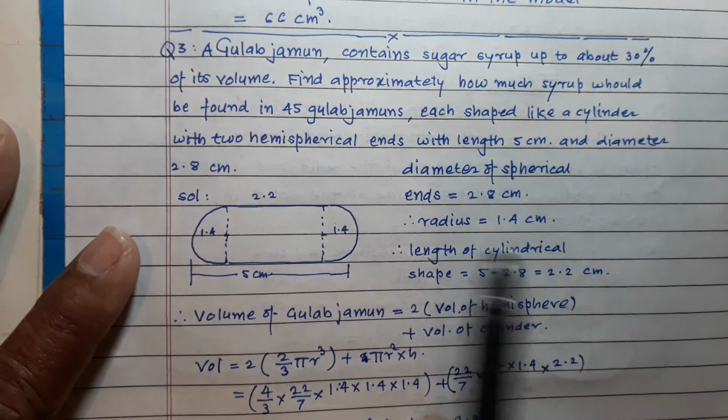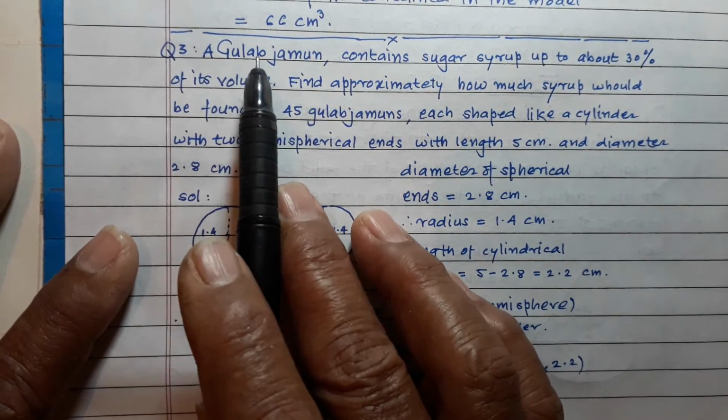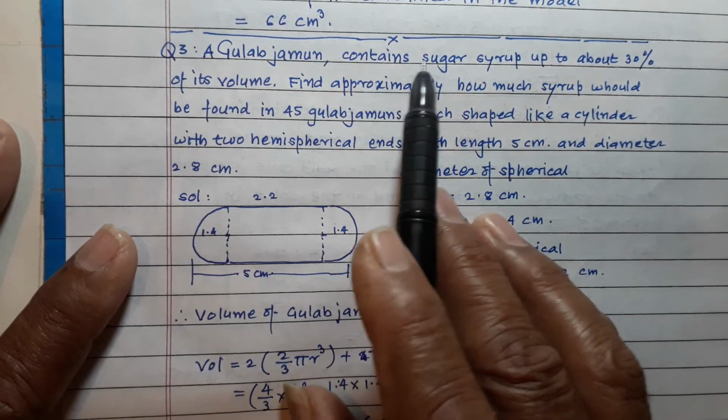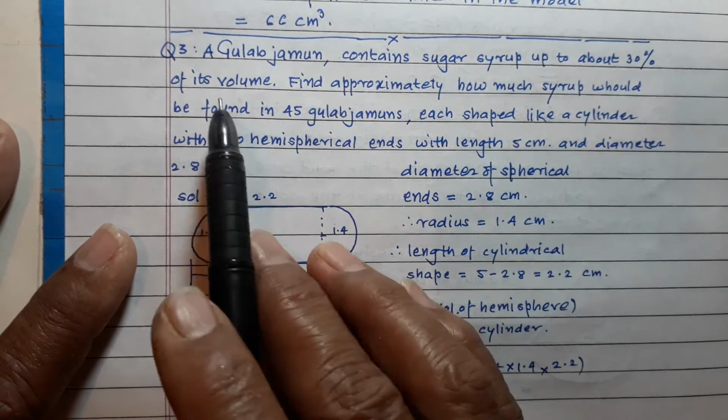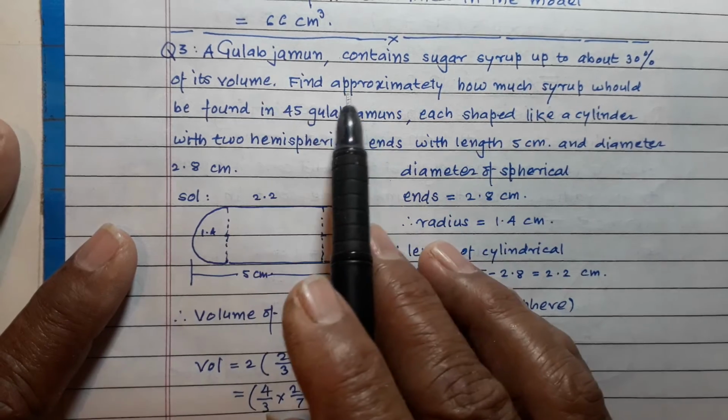Question number 3. A gulab jamun contains sugar syrup up to about 30% of its volume.